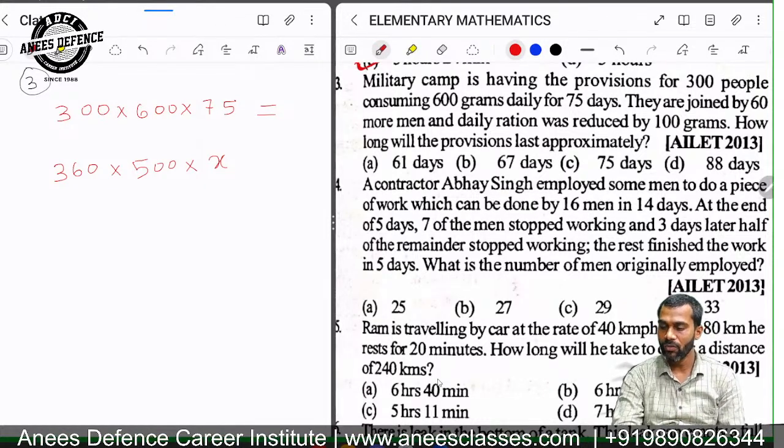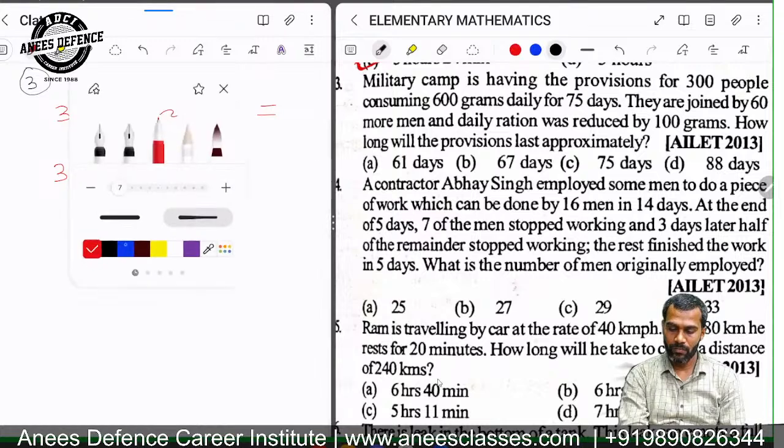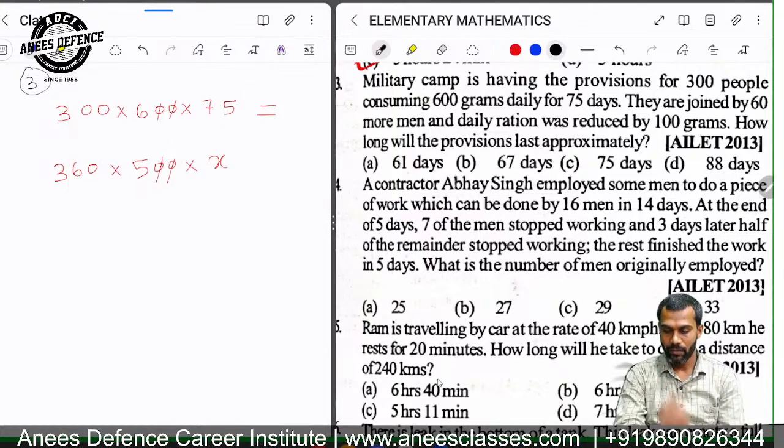It is very easy now. So what we need to do? This 0 and this 0 will get cancelled. Here also, 0 and 0 will get cancelled. This is nothing but 15.